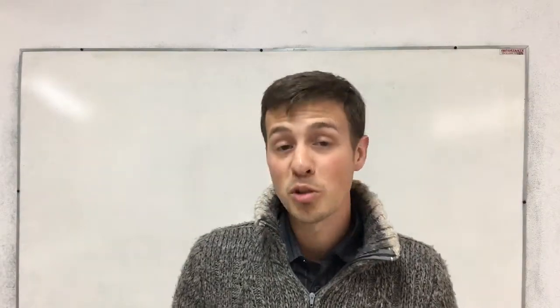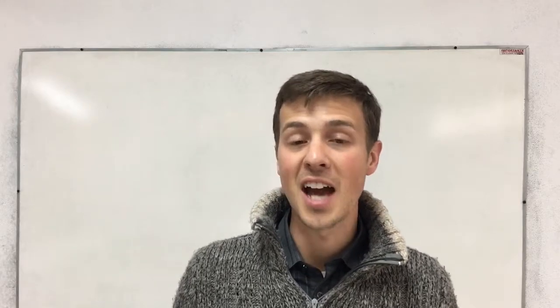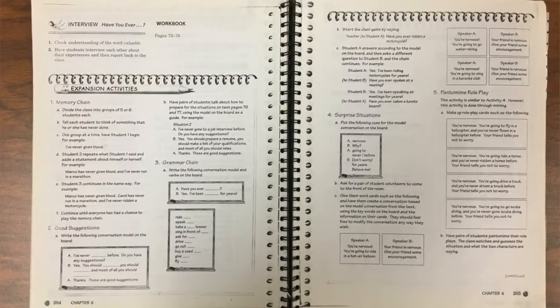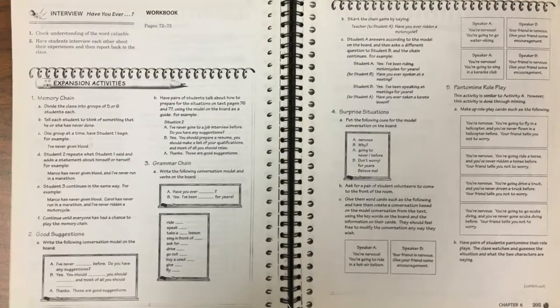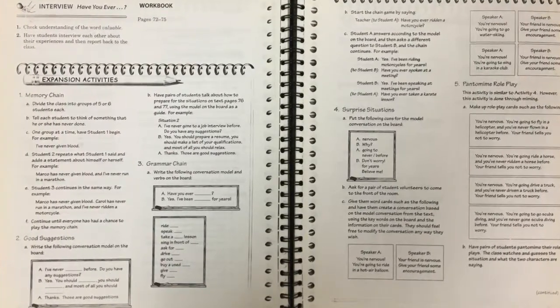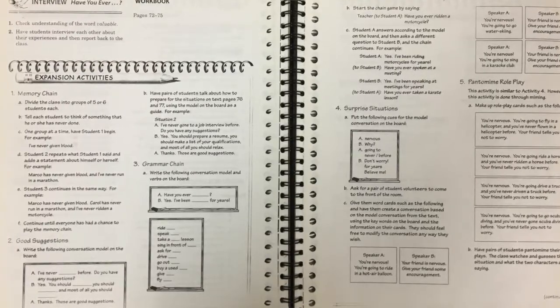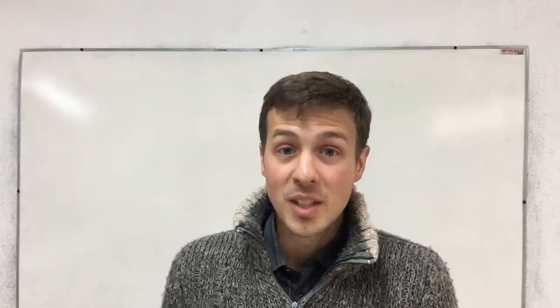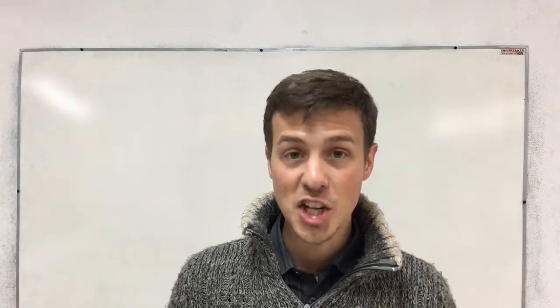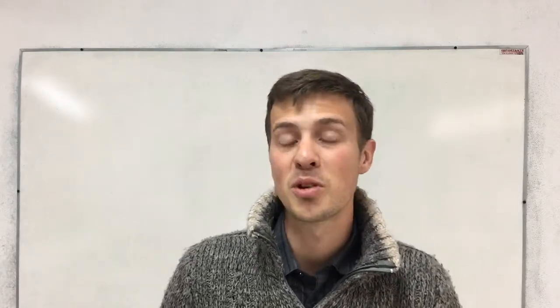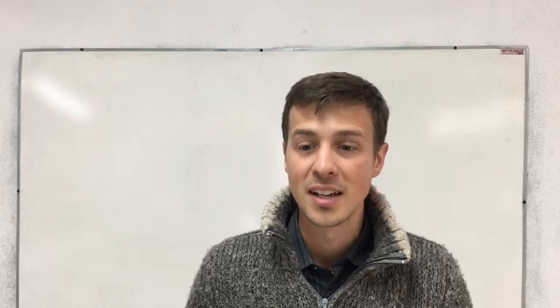One of your most helpful resources is your teacher's guide. Here you can see the expansion activities from one of the teacher's guides. These are great. Choose 2, 3, 4 of them in your review session. And of course, you can choose from different chapters to highlight the most important material from that chapter.